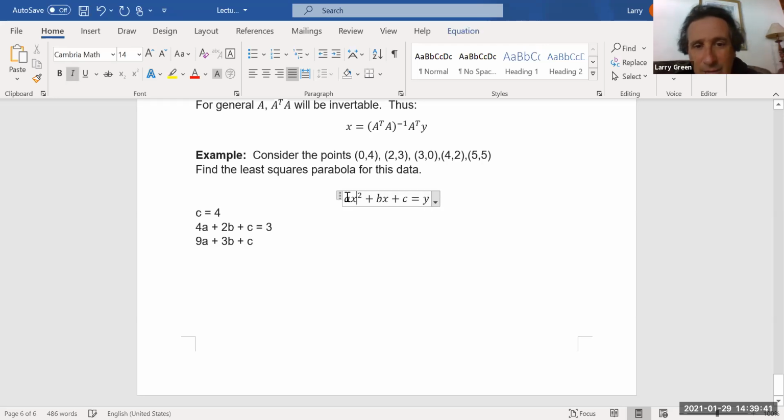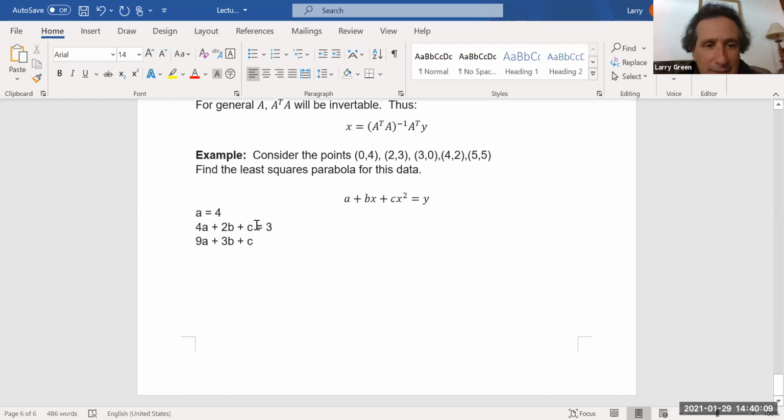I'm going to write it the way it's really written, because no one does it this way, even though it's the way you want to do it. I'm going to write A plus BX plus CX squared. Trust me. So we say A equals 4, and then we're going to have 0, 2, 3.